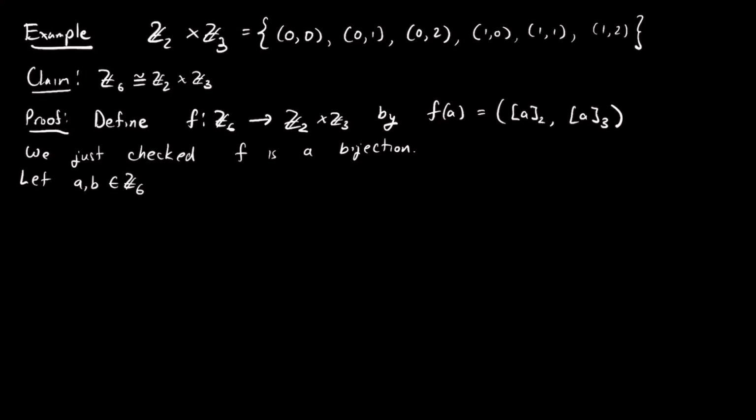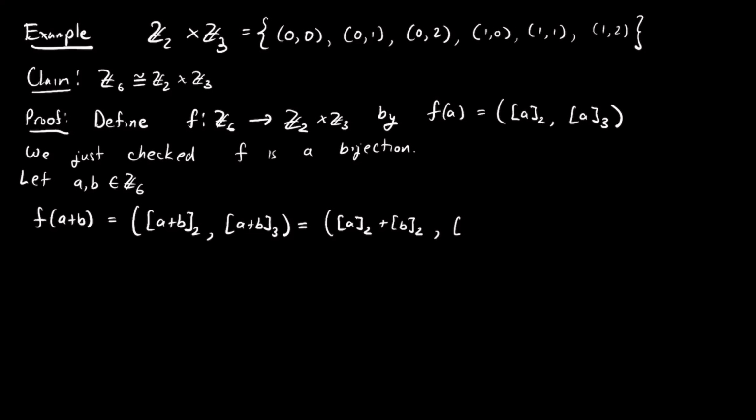So I'm going to say let a and b be elements of Z mod 6. Okay, so then what do I know? I know f of a plus b, by definition, is the equivalence class of a plus b mod 2 and the equivalence class of a plus b mod 3. What do I know about these? Well, I know by definition in Z mod 2, this is the equivalence class of a plus the equivalence class of b.